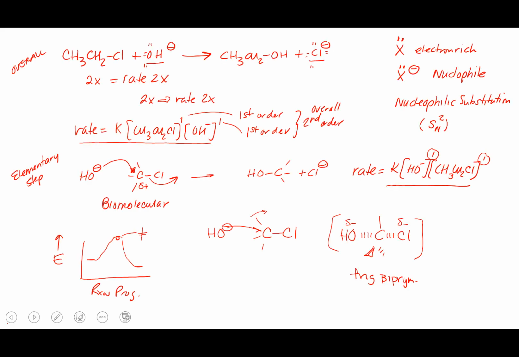So in the transition state then, we have partial bonds from the OH to the Cl, and we have partial negative charges on the oxygen and the chloride. And so this is our transition state. This is the high energy species that's here in the diagram.